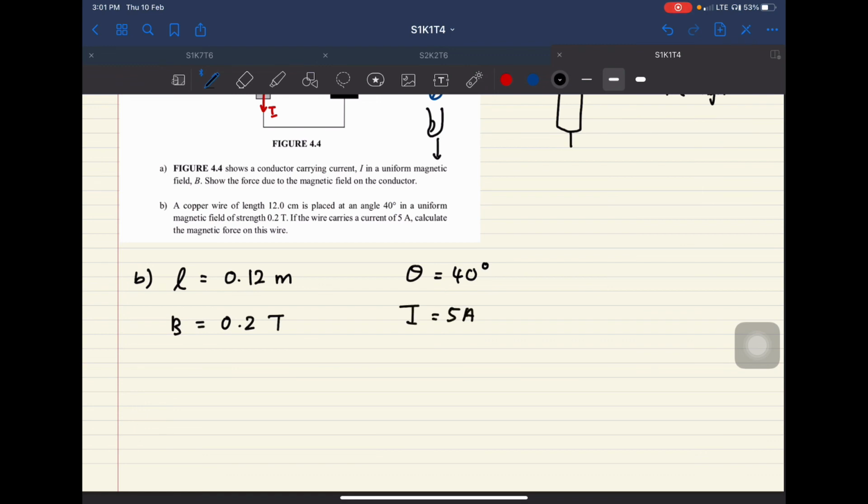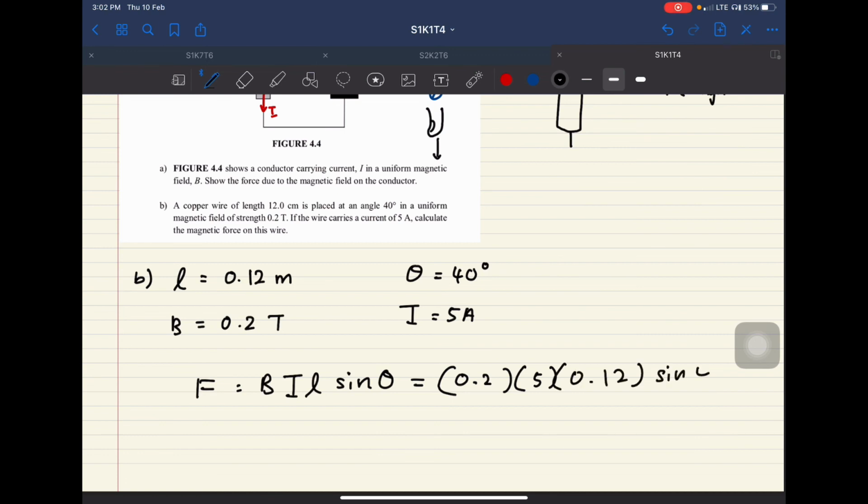To solve this, you can use the equation F equals B I L sine theta: 0.2 times 5 times 0.12 times sine 40 degrees.